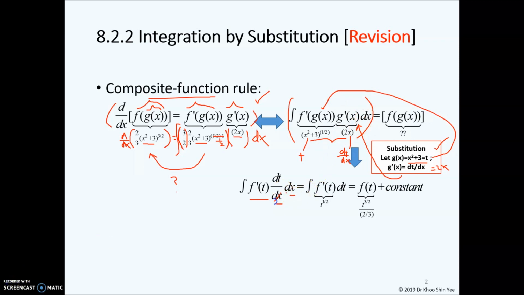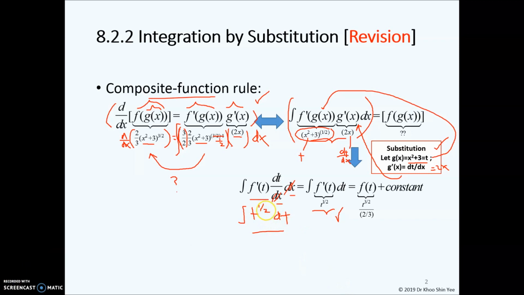These two terms can be cancelled, therefore you only have this. Previously we had this term, so we substitute t inside, and you should get t to the power of 1 over 2 here, and then integrate. Here you cancel off and you get dt only. So we are going to solve this problem, which is written here.